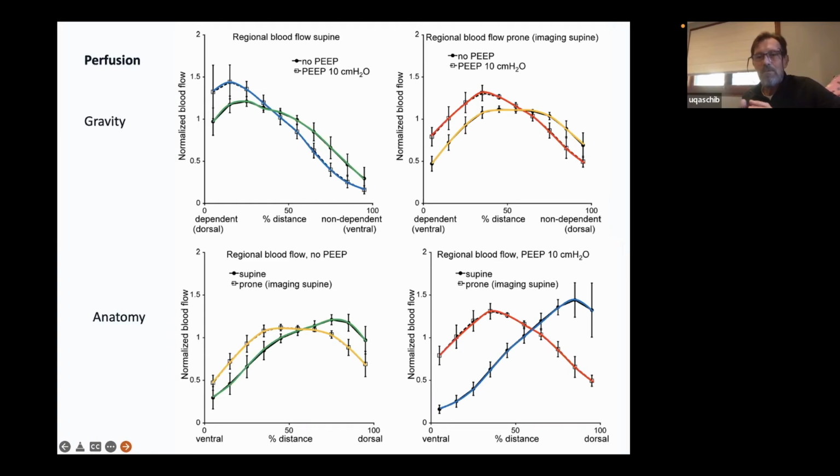So it doesn't matter where and how you image, the perfusion remains the same. If you get the imaging done in different positions, it doesn't matter. It is more related to ventilation distribution, which the blood will follow.